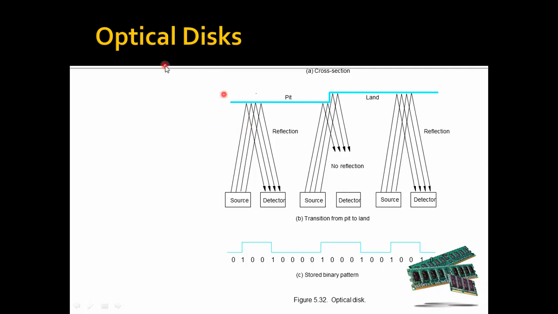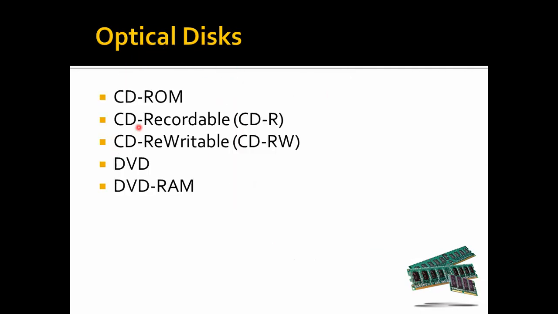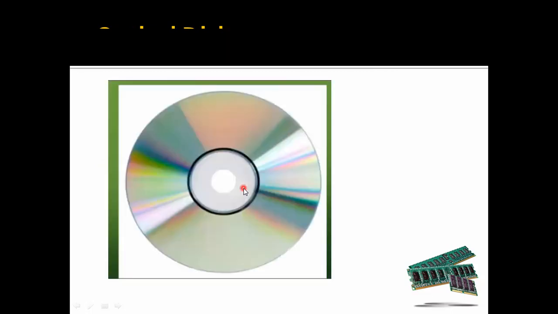Here, see optical discs. Examples are CD-ROM, CD recordable, CD rewritable, DVD, DVD RAM. If you observe the CD, one side will be like this. On the other side of the CD, we are giving the label.